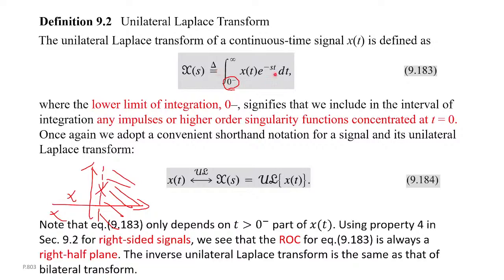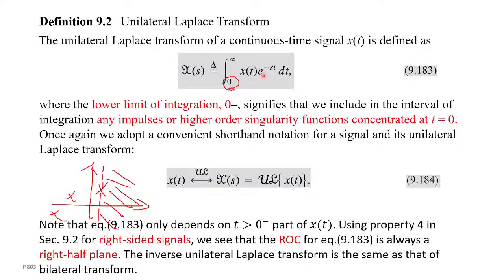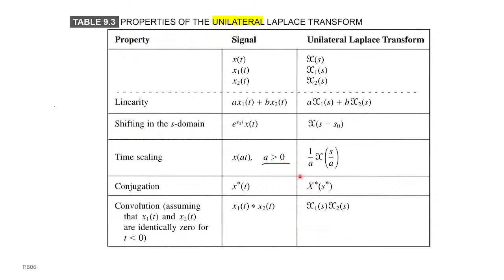And you see that it really only depends on the x on the positive side. And so that also is always going to be right-sided because x is effectively a right-sided function. So if x is a right-sided function, then the unilateral Laplace transform equals the Laplace transform. If not, they will most likely be different.